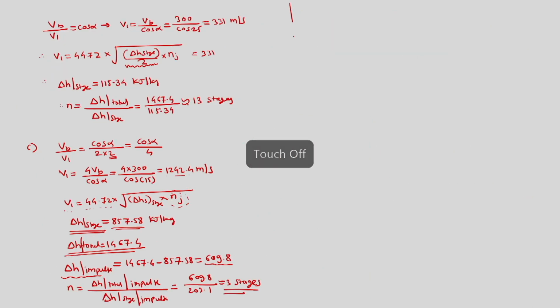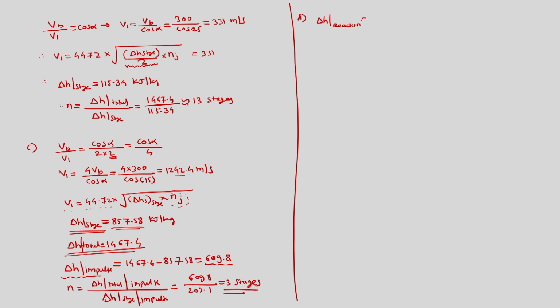Now lastly we will solve for a row of 2-stage Curtis followed by reaction stages. We have to find delta H reaction, which is 1467.4 minus 857.58, and this gives us again 609.8.